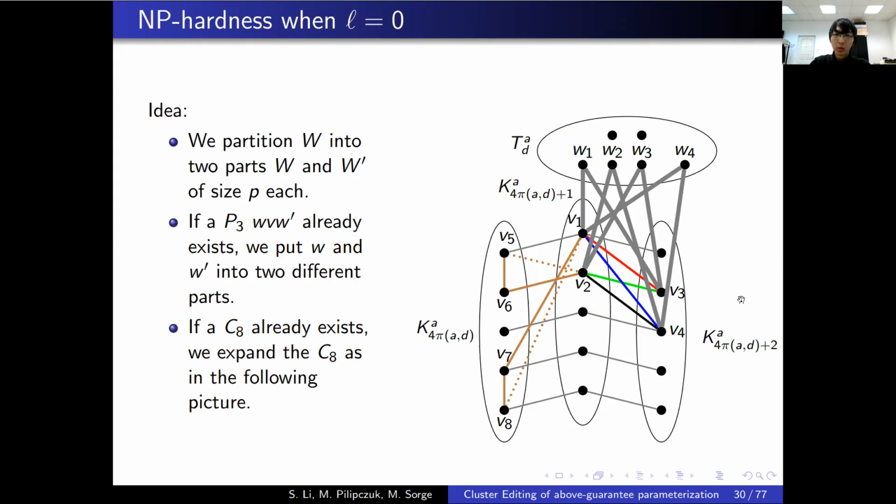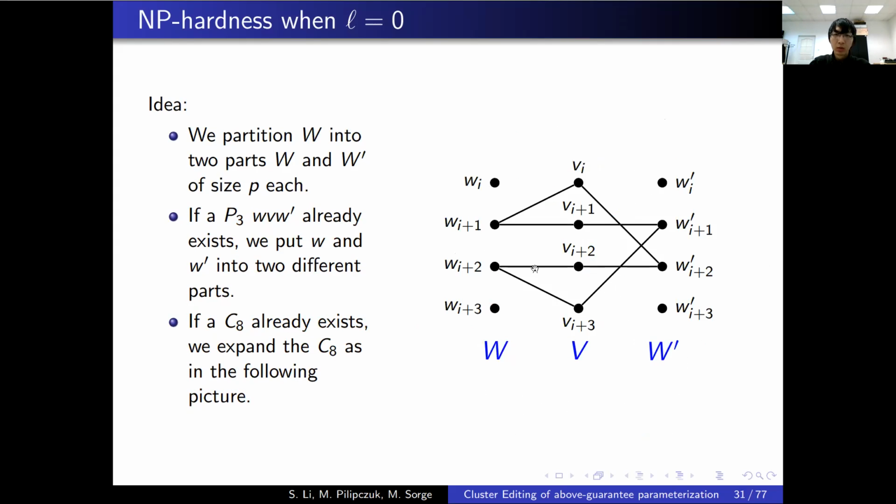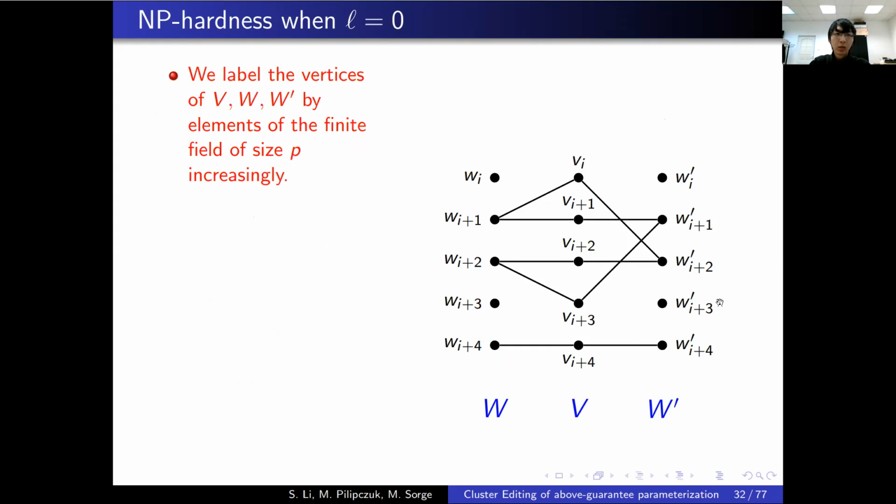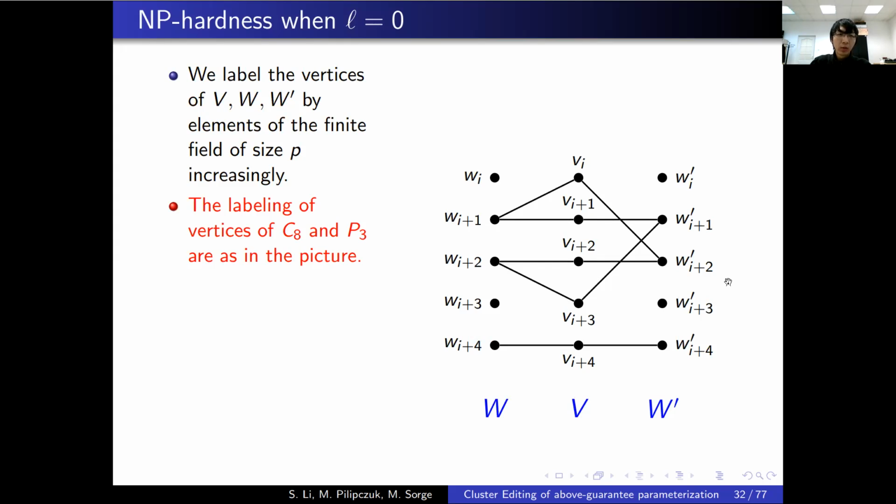This is the C8 we introduced just now, and we will expand it into these two parts. And after doing this, we will label the vertices of W prime by elements of the finite field of size P increasingly. The labeling of the vertices of C8 and P3 are in the picture.